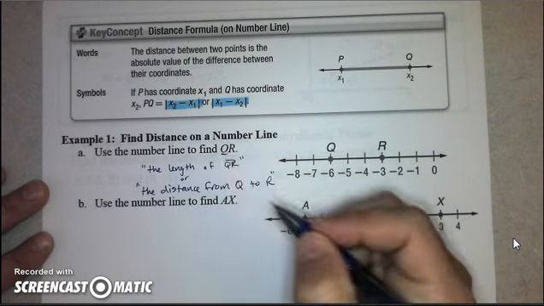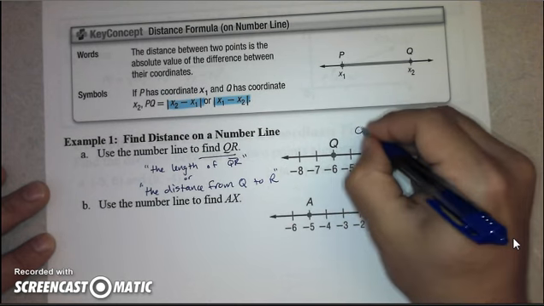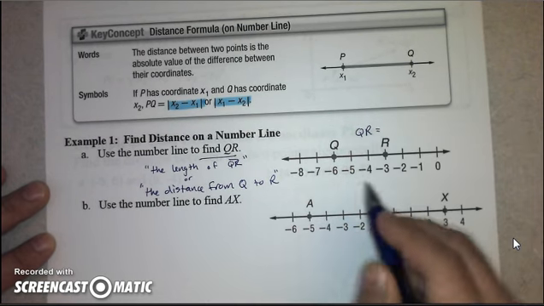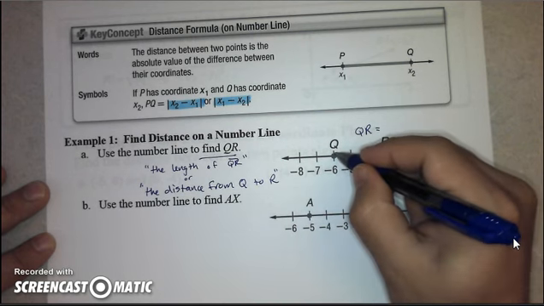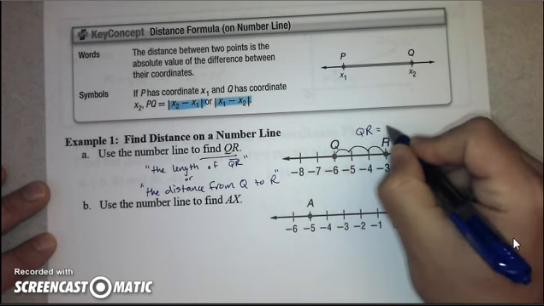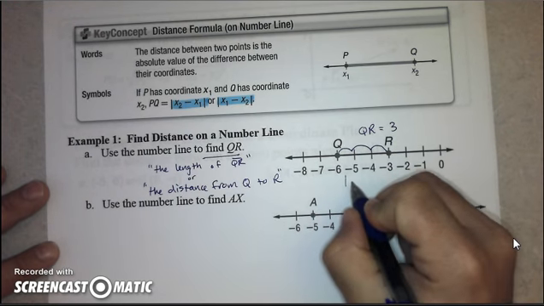When it says find QR, that's what it means. And so QR then is just equal to the distance between these, and we're counting by ones on the number line, so I can literally just count 1, 2, 3. So I know QR should be 3 units long, and we can do that by doing our subtraction.